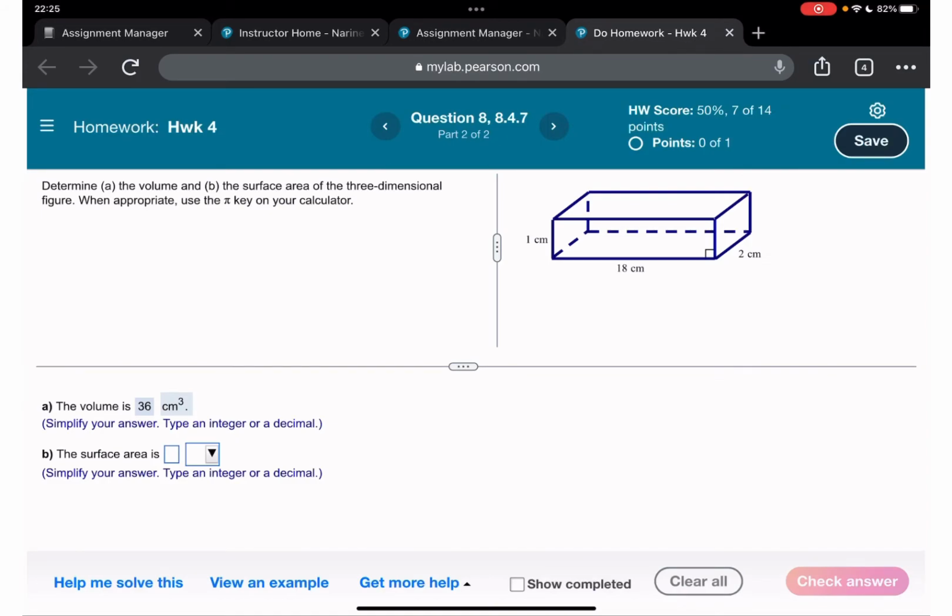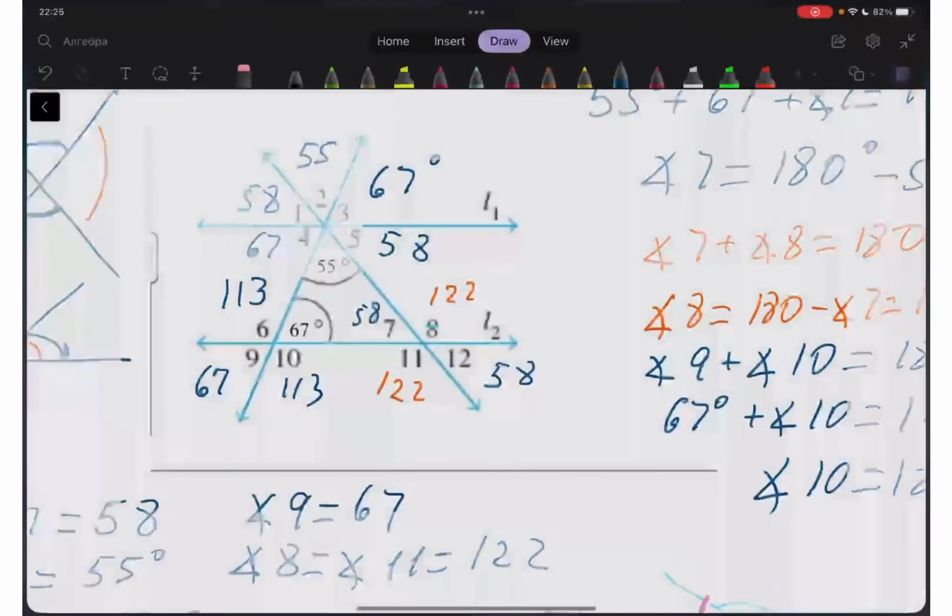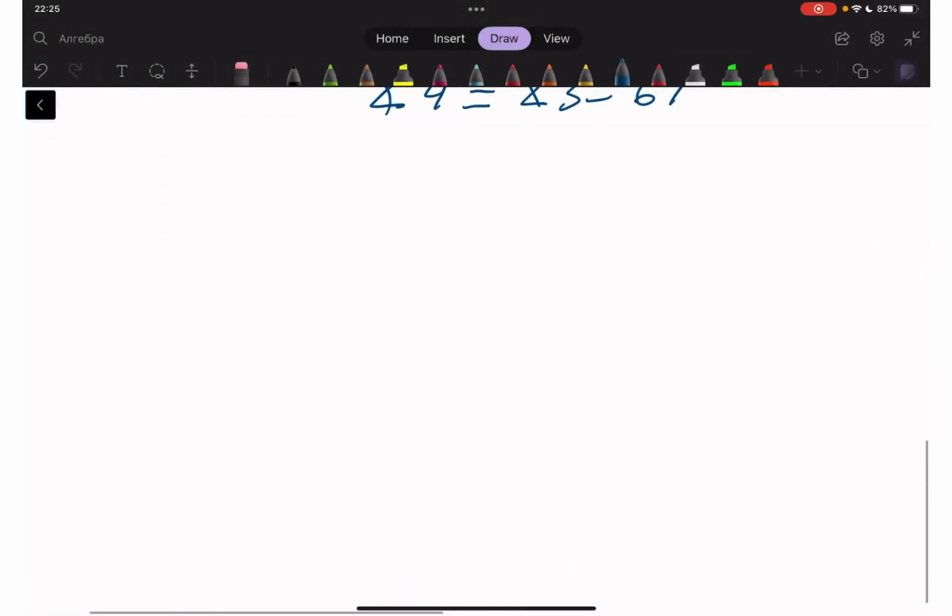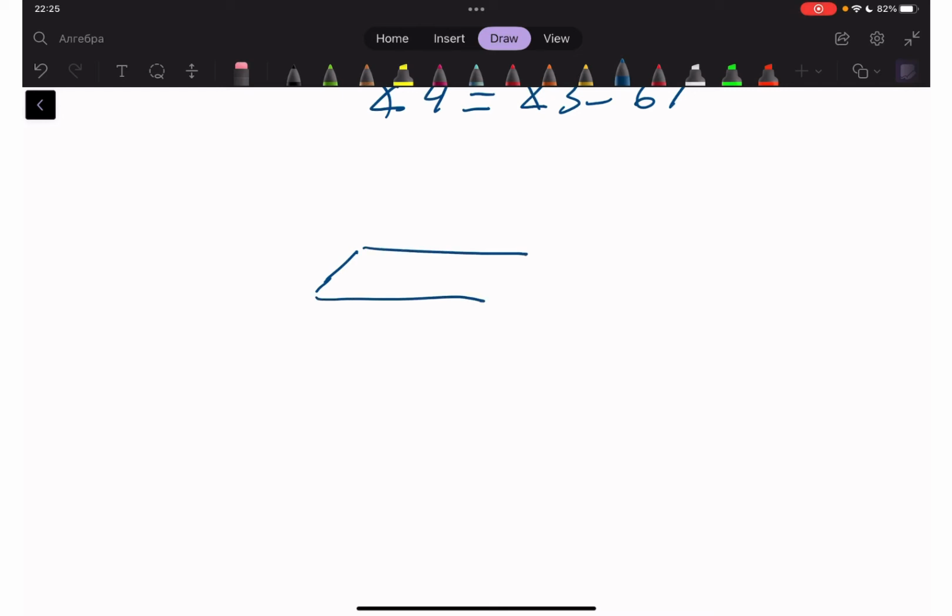B, surface. Okay, let me draw this to show you how we calculate the surface.